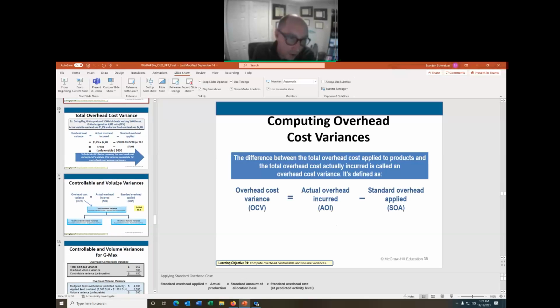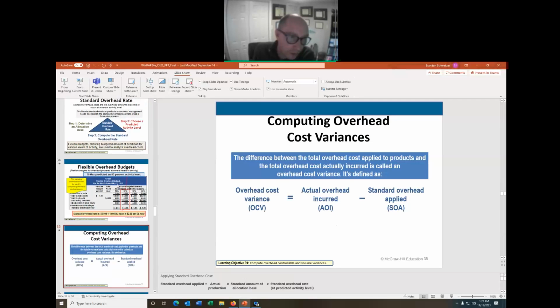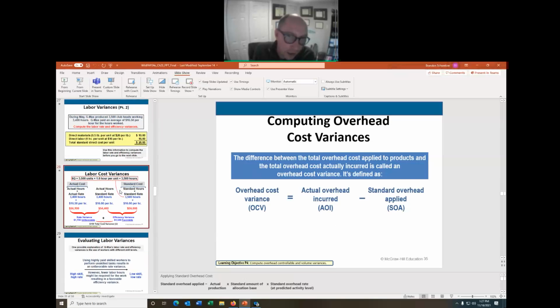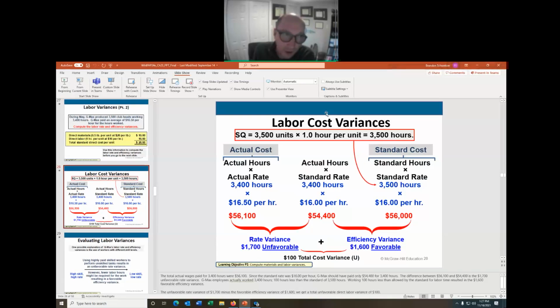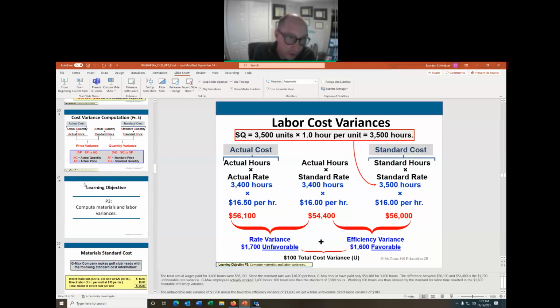And one thing I think is the most important thing to understand about the variances is really this general formula. Let's see where that slide went. Here it is.